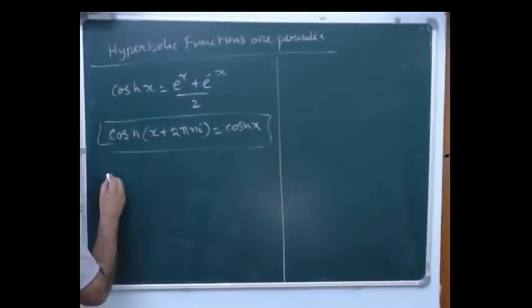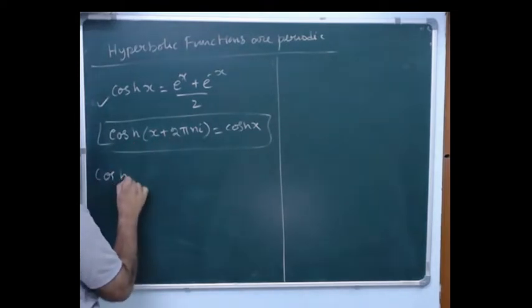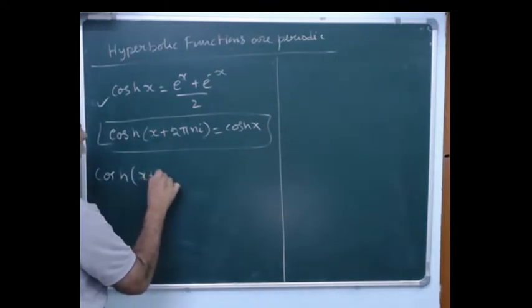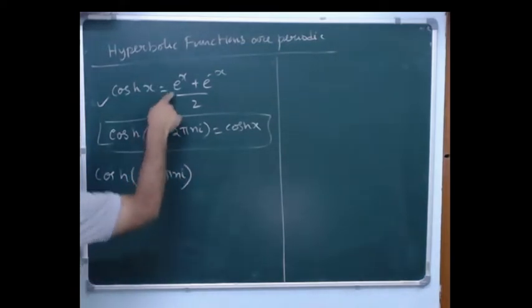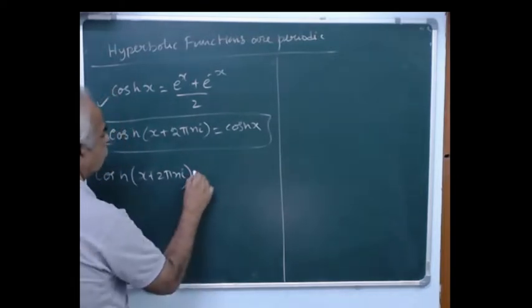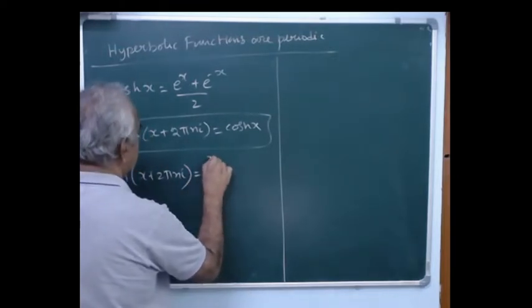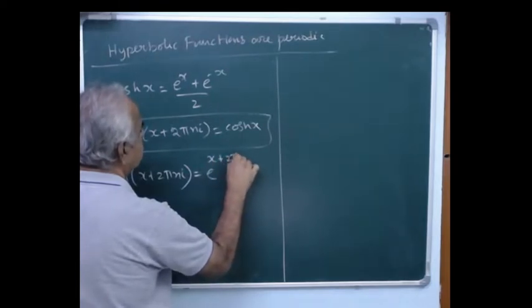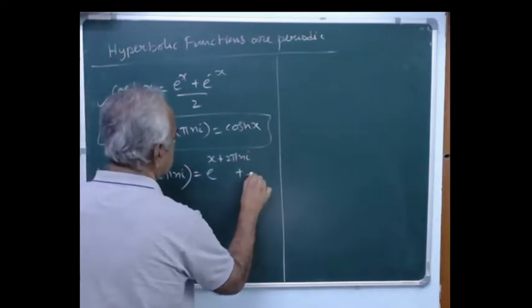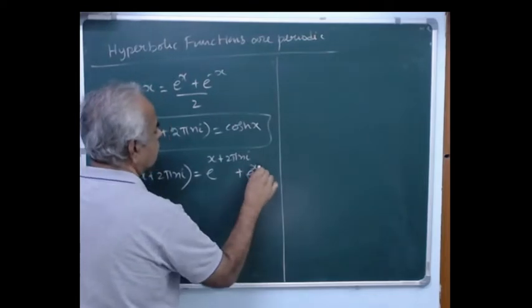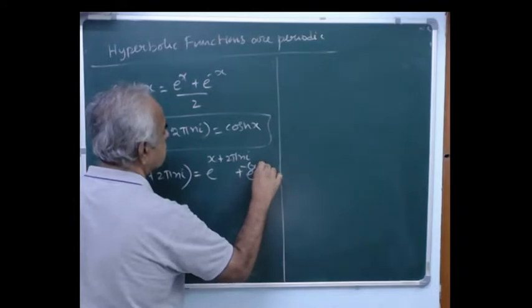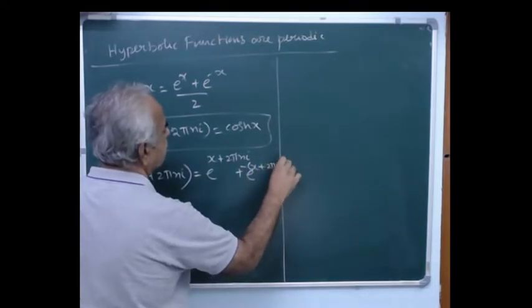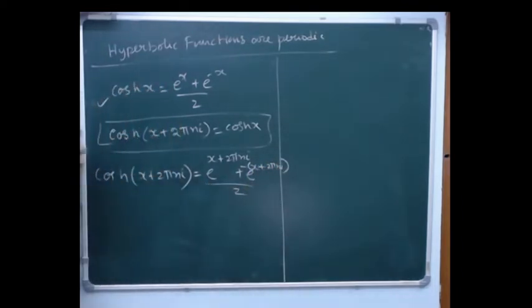Let us consider this equation. We have cosh(x + 2πni). Instead of x, we are going to replace it with x + 2πni, so e^(x + 2πni) plus e^-(x + 2πni), whole divided by 2.